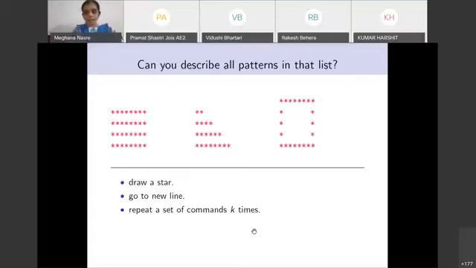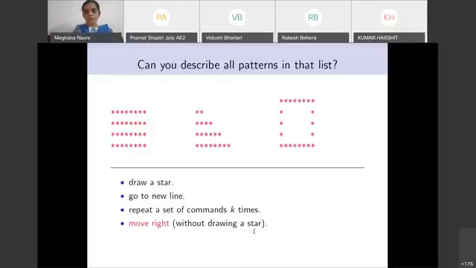Similarly, the commands that I had given were not enough for you. So you yourself defined a new command which says move right without drawing a star. Again, you may have used a different language, but you said give spaces, but nevertheless, you had to define a new command which was move right without drawing a star.